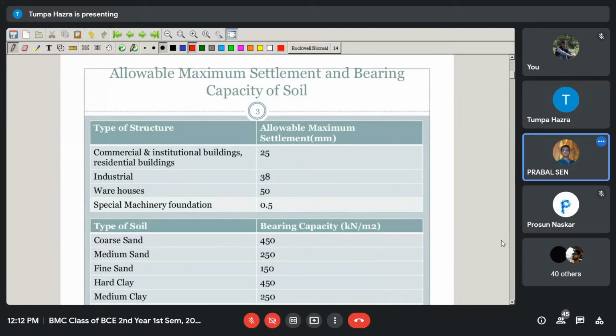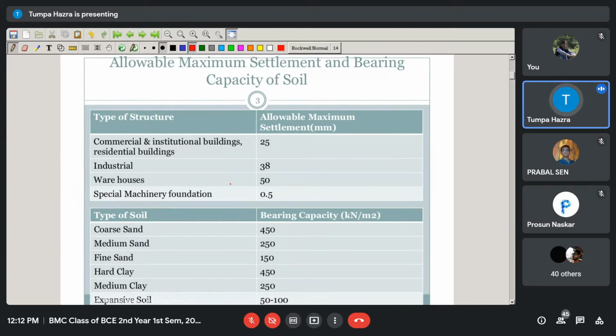So as I told you that there are some allowable maximum settlement as well as bearing capacity of soil. You just memorize those things. You will learn all those things in detail during the fourth year in the foundation design class. Okay. So, for example, if it is commercial and institutional building as well as residential building, then allowable maximum settlement is 25 millimeter.